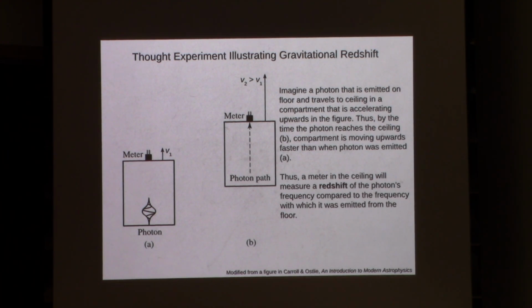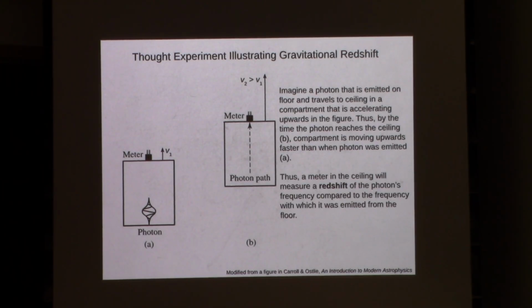It's not, if it's not accelerating, right? So do you see red shift, blue shift, or no shift? No shift in that case, right? If you're deep in space in an unaccelerating rocket ship, you don't see a red shift or a blue shift if you fire a photon from the floor to the ceiling.